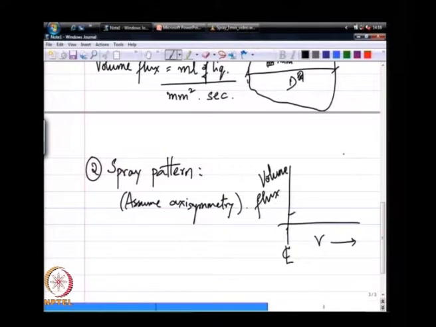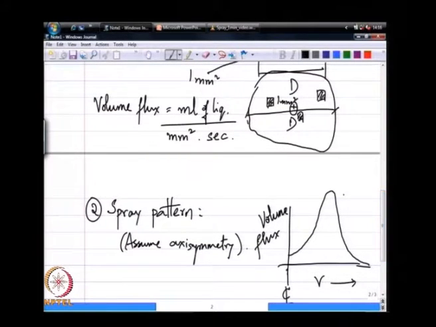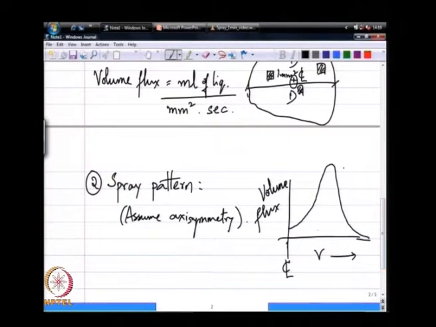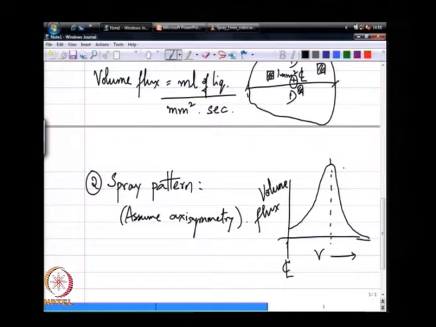If I get a pattern that looks like this, that is, as I move away from the center line, the volume flux first increases, at some radial distance achieves a maximum, and then drops off as you go towards the edge.